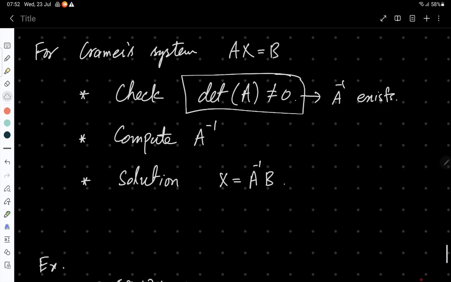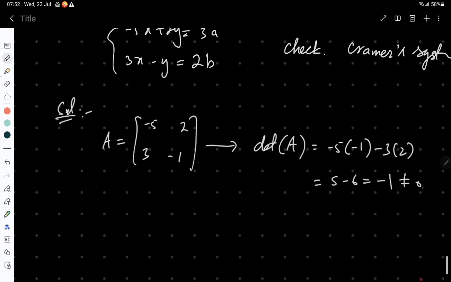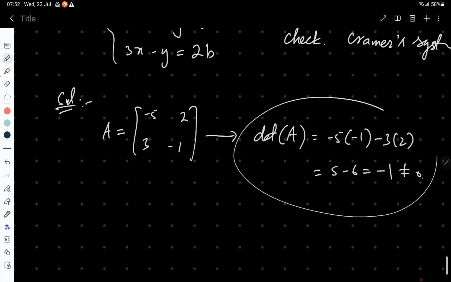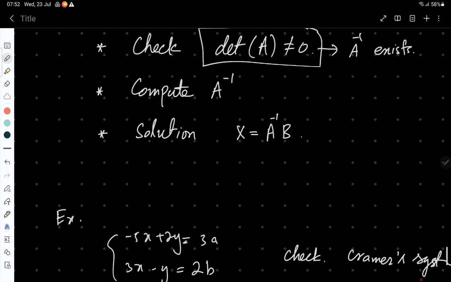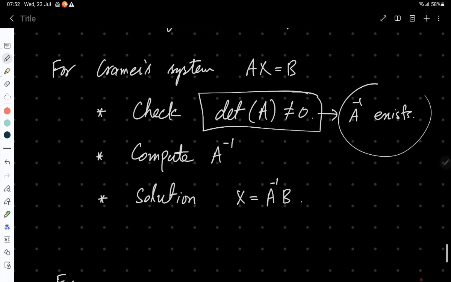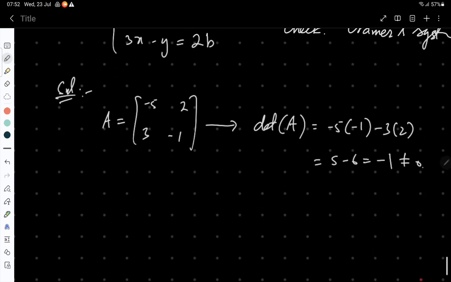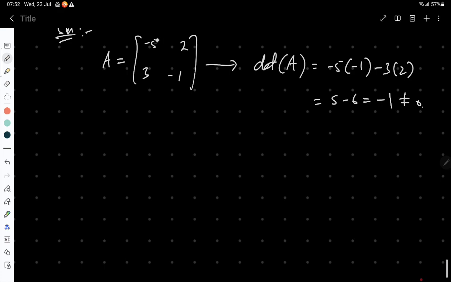The first step was to find the determinant. Since we have already found the determinant, and it is non-zero, the first step is done. That means it guarantees that A inverse exists. Now I have to find A inverse. Let's look at how to find A inverse.